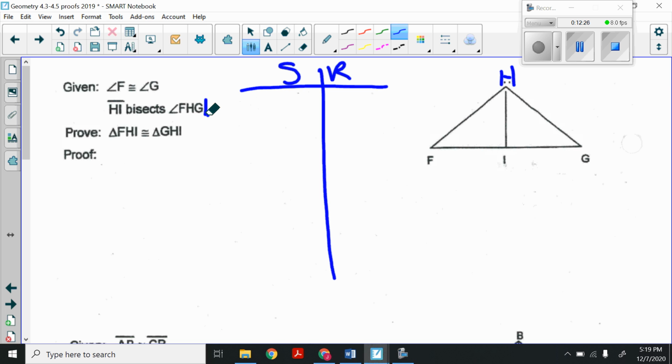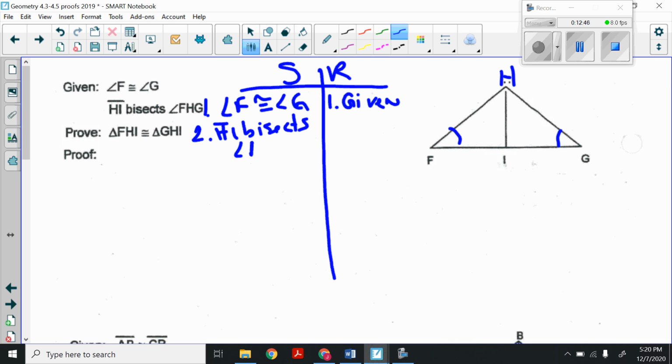So number 1, angle F congruent to angle G, given. I'm going to mark that. So this is why I had you do that marking diagrams worksheet yesterday for homework. Number 2, they tell me HI bisects angle FHG, given.